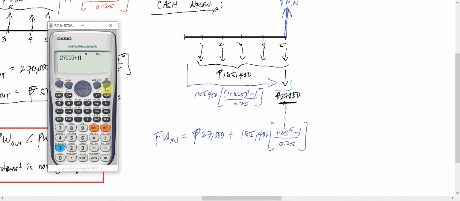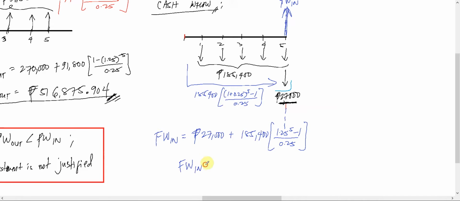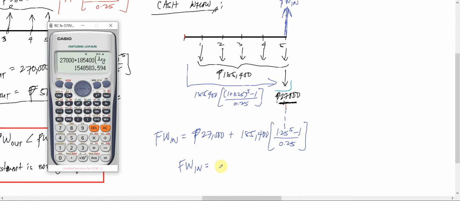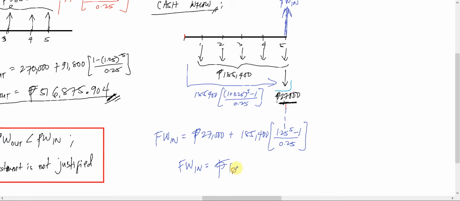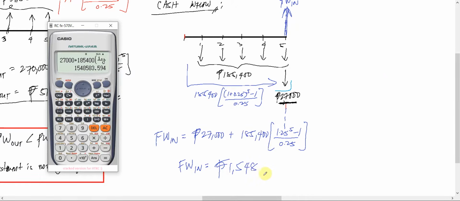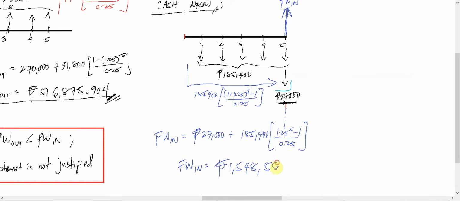27,000 plus 185,400 times 1.25 raised to 5 minus 1 all over 0.25. Then equal to, so the future worth of the cash inflow, yung papasok sa ating pera, is 1,548,583.594. Ayan, yan yung future worth ni cash inflow.